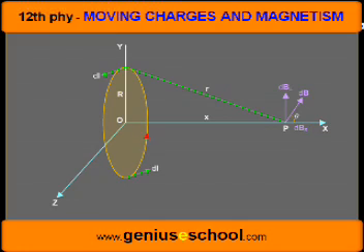Therefore, the magnetic field at P due to the entire circular loop is B = Bx î = μ0 I r² / (2(x² + r²)^(3/2)) î.